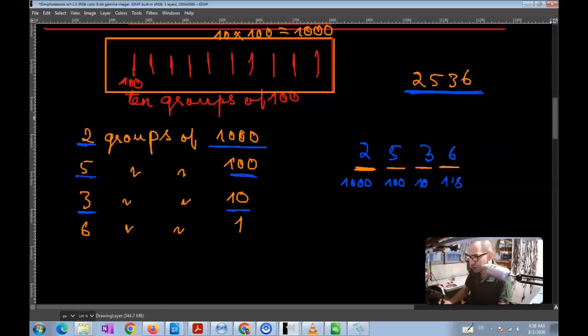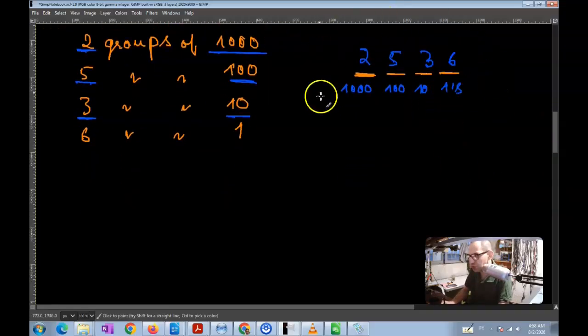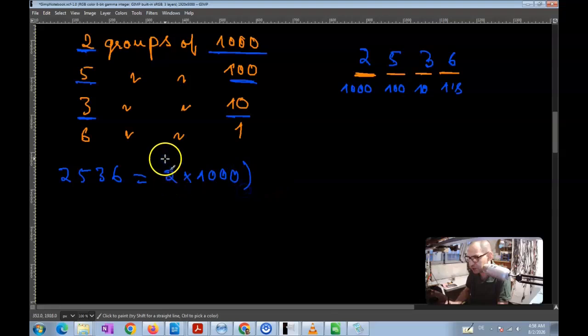So then it should be fairly straightforward to expand this number, meaning that now that we know how everything works together, we can expand this number. For example, we can say that 2,536 is, of course, two groups of thousands. So that means 2 times 1,000, right?